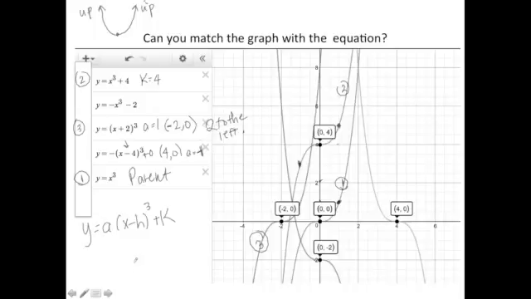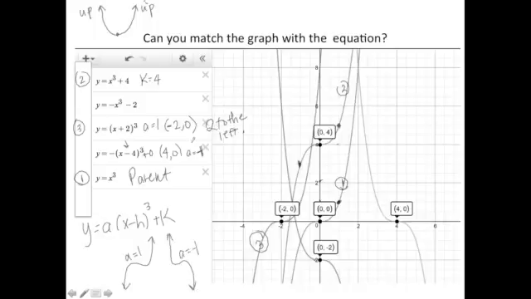Okay, recall that our parent function goes down, up. This is when a is equal to 1. That means that if a is -1, then our function is going to be going up, down.